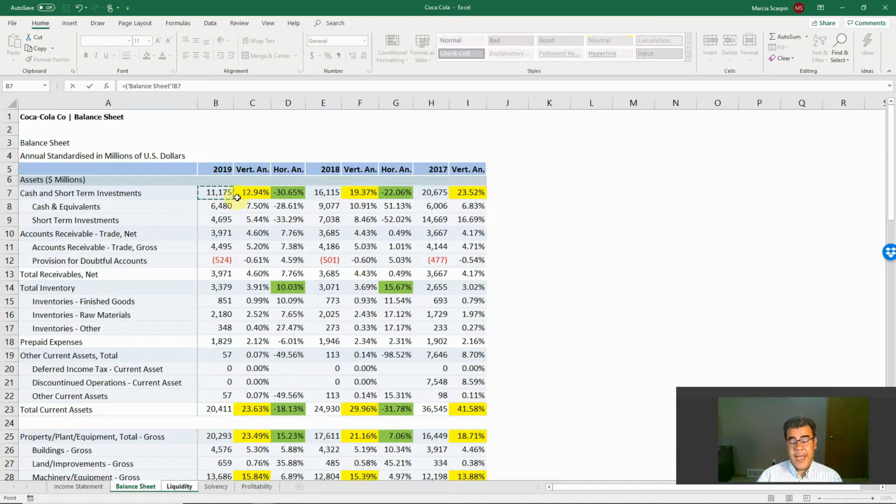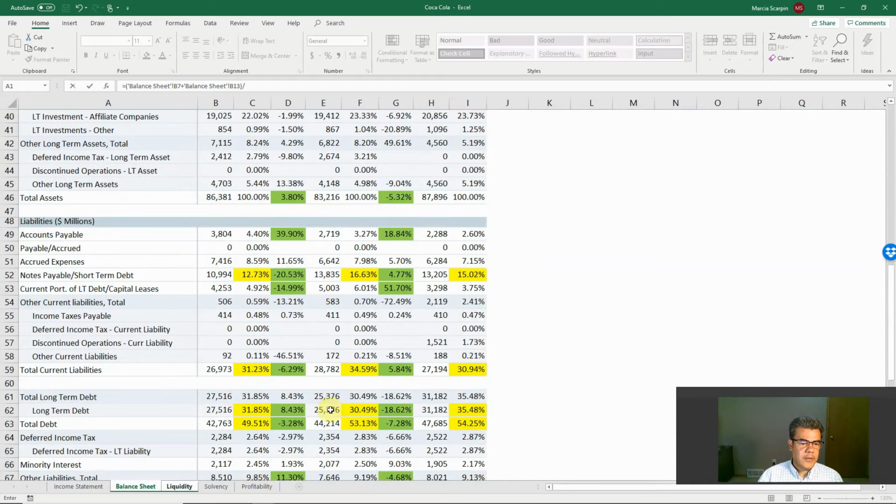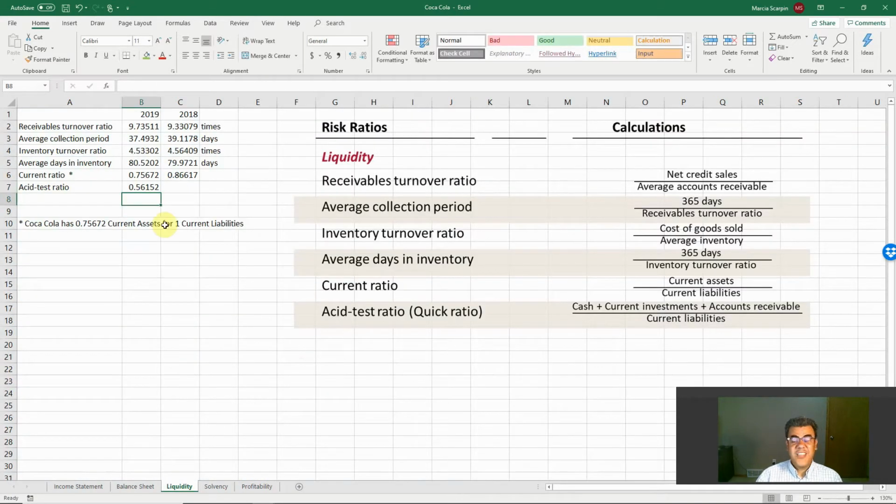We have them combined here. So, okay, plus total receivables, divided by current liabilities. 0.56. So not so good.